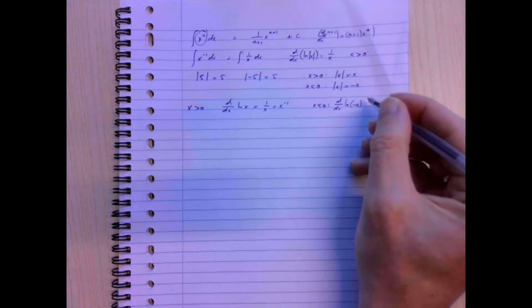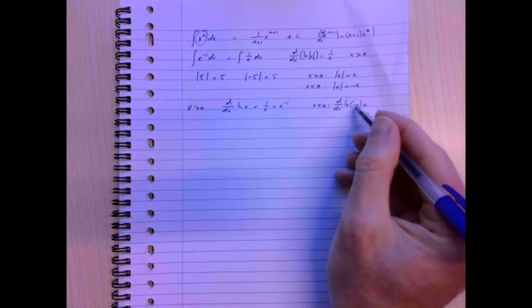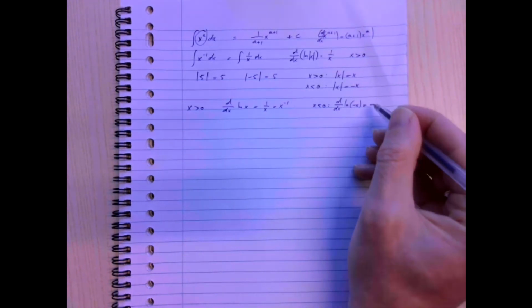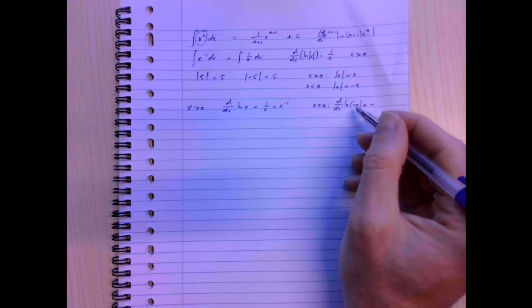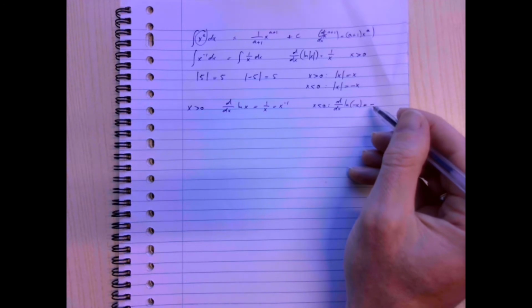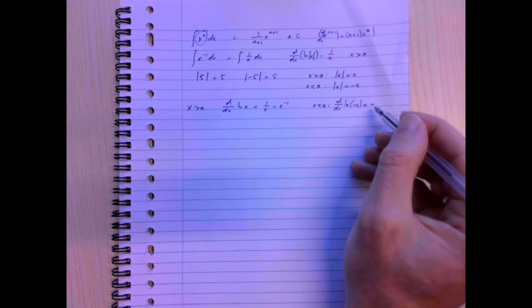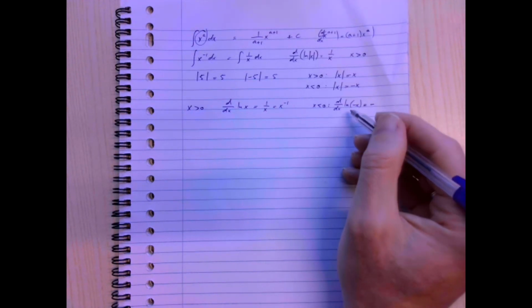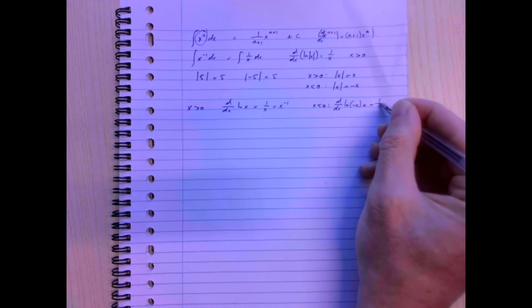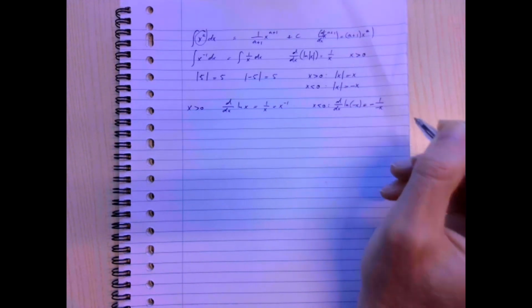What's d/dx? Well, we have to use the chain rule, right? So there's a minus in here, so let's use the minus. If you use the interior function, it's just minus x, so it gives us a minus 1. And the exterior function is a logarithm. Well, what's the derivative of that? Well, 1 divided by whatever is in there, so 1 divided by minus x.